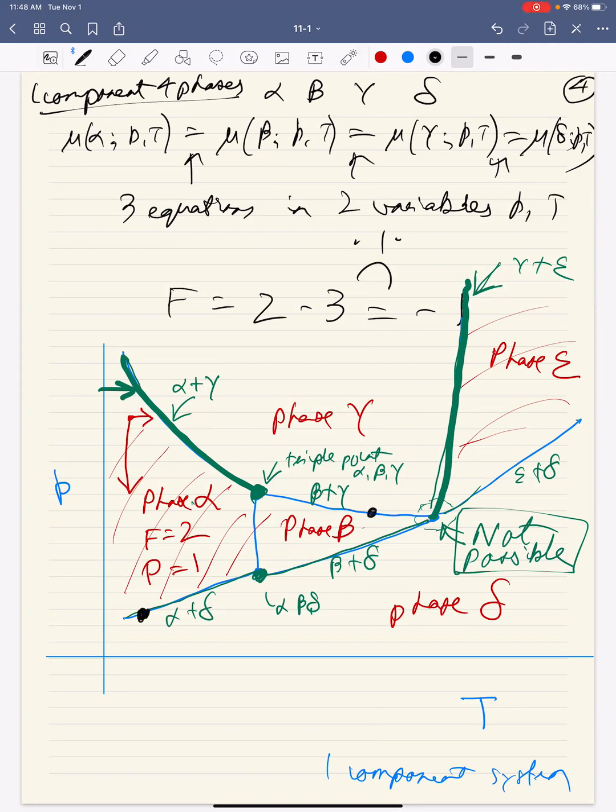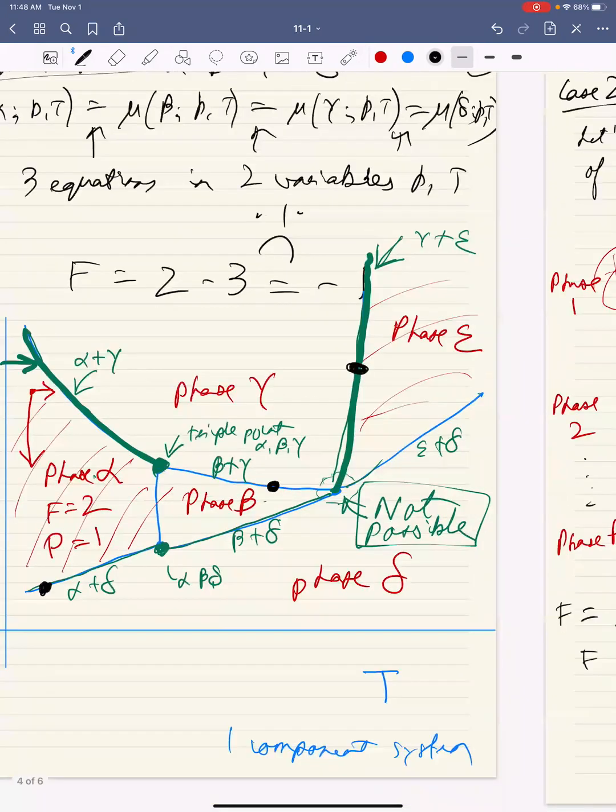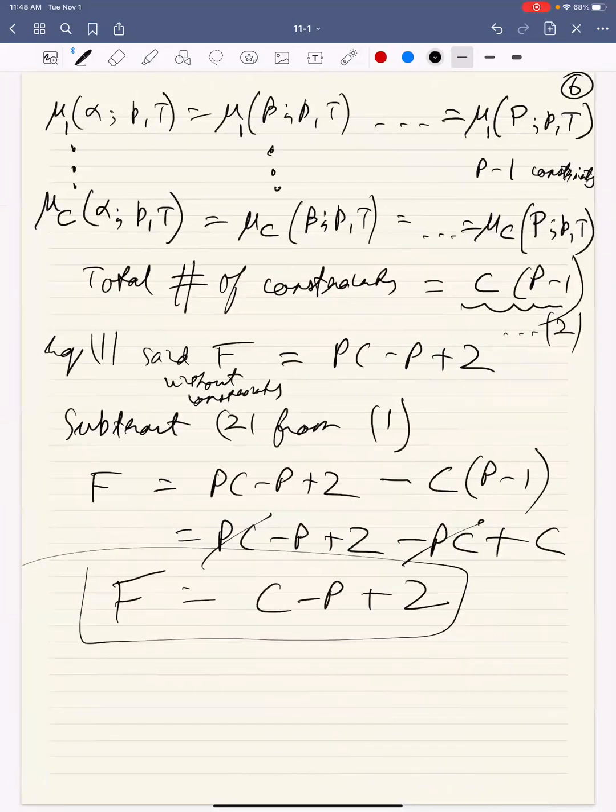At this pressure and temperature, mu beta is equal to mu gamma. At this pressure and temperature, mu gamma is equal to mu epsilon. That's why they can coexist. I am writing it as a function of pressure and temperature. Okay, sorry, I got it. Good.